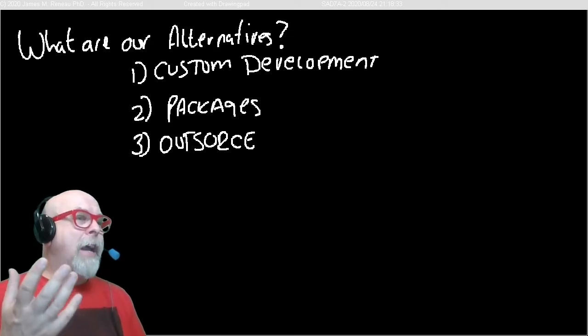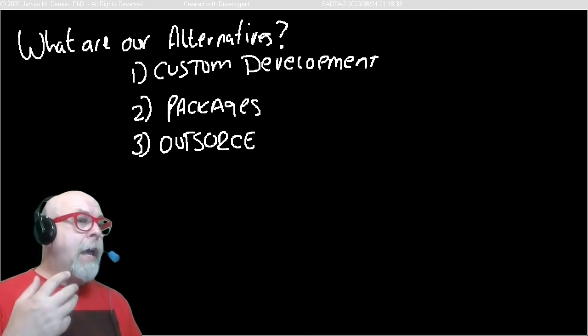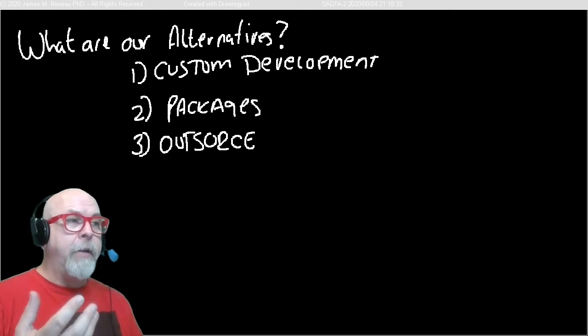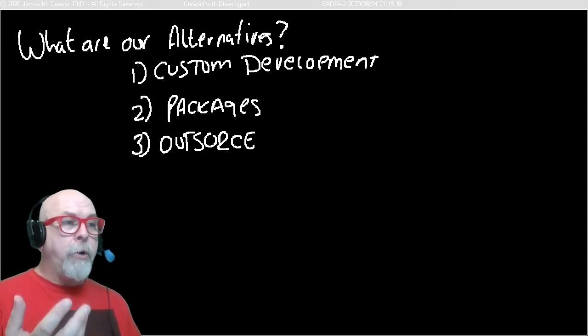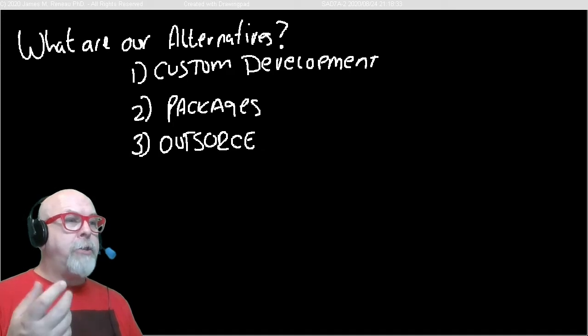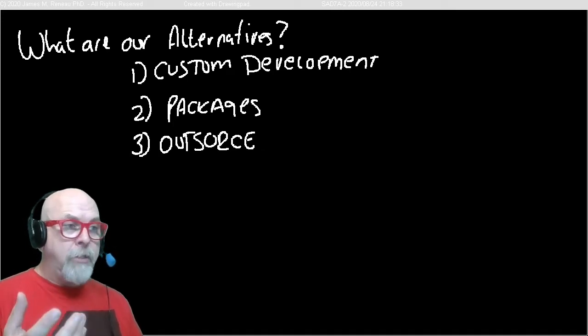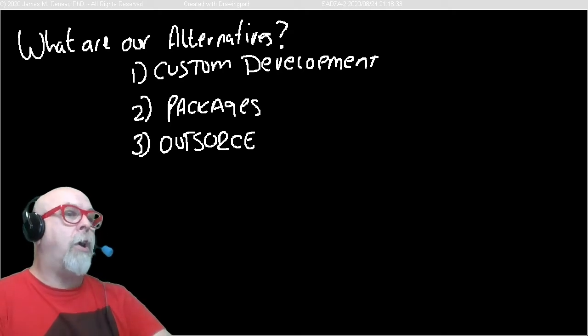There are 3 things that we can do, and we'll talk about each of them in detail. We can do internal custom development. We can purchase an existing package, or packages plural, and do system integration to bring them together. Or we can outsource the project to somebody else to solve our problems.